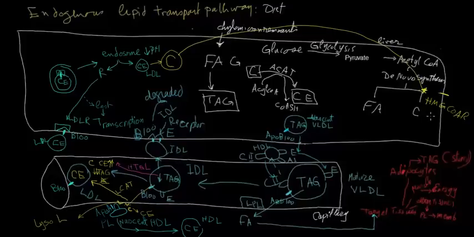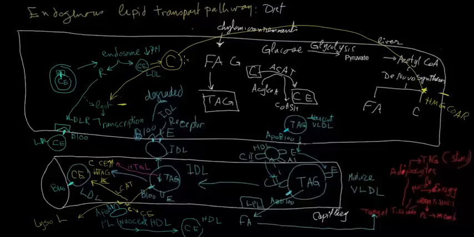One of them is at the level of gene expression, and the other is at the level of enzyme degradation by ubiquitination followed by proteasomal degradation. Also, if cholesterol is high, it's going to downregulate transcription from the LDL receptor gene. So eventually, the receptor level will be low.